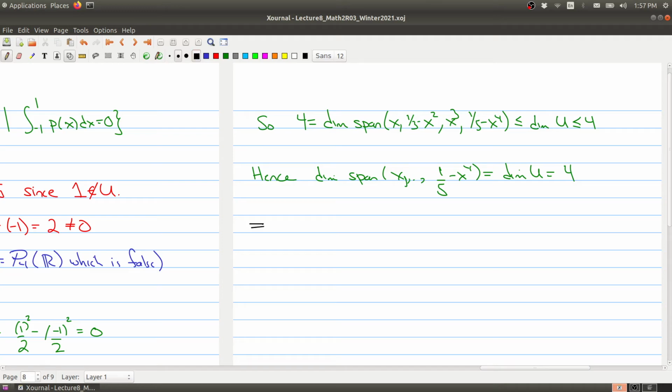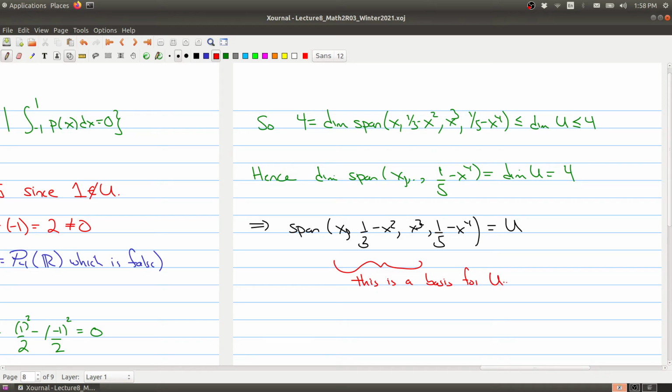So this implies that the span of x, 1/3 minus x squared, x cubed, and 1/5 minus x^4 is actually equal to U. And these are linearly independent and a spanning set. So as a consequence, this is a basis for the subspace U.